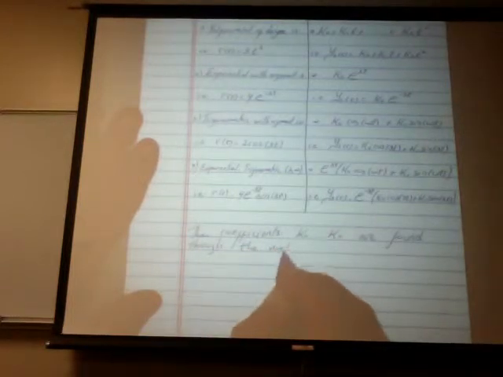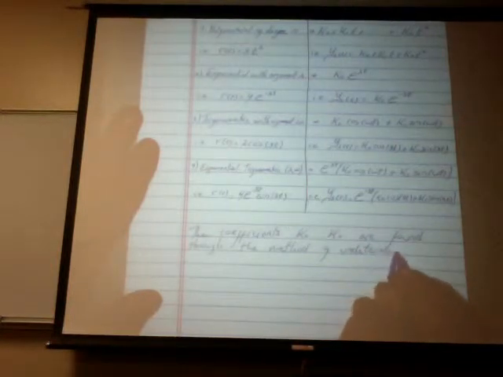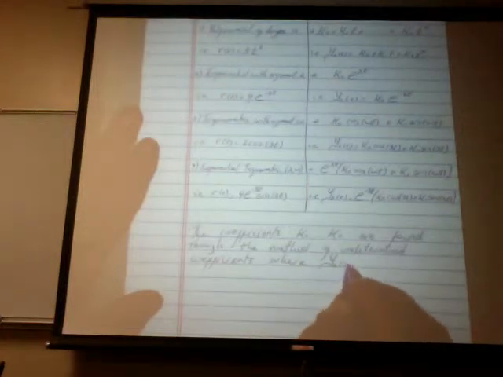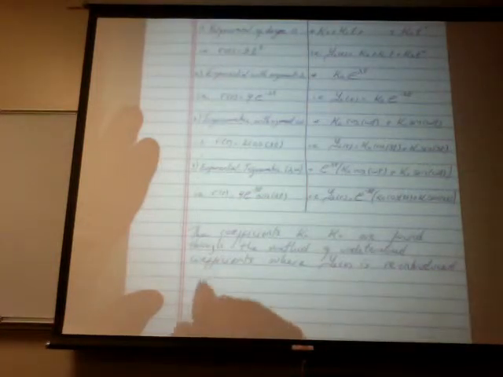Then the coefficients k0 through kn, however many you end up with, are found through the method of undetermined coefficients, where ys of t is reintroduced into the ODE.